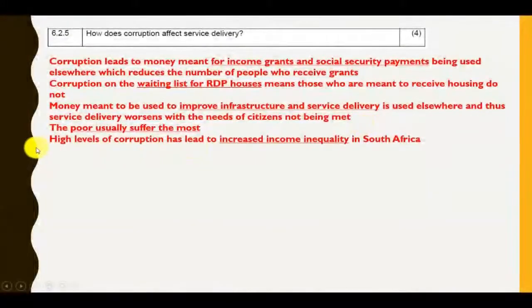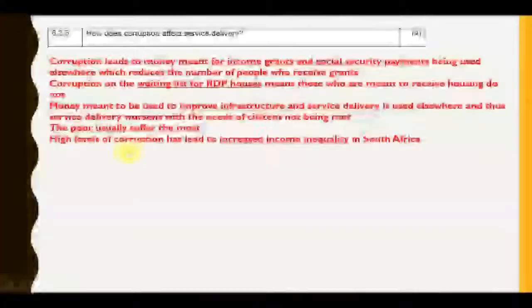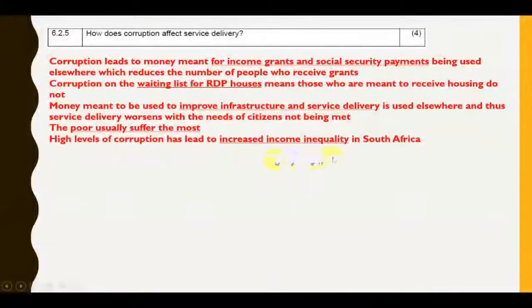And the last 2 points, grade 12s, the poor suffer the most. High levels of corruption have increased income inequality in South Africa, as I've mentioned before. So I will just give you a few minutes to take that answer down, and then we can go on to question number 7.